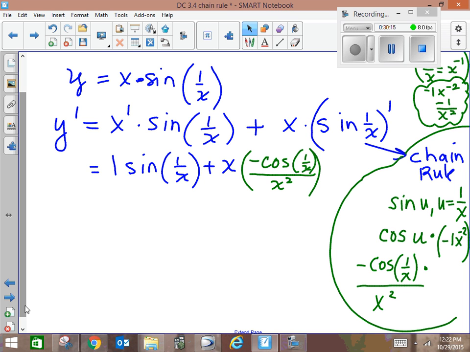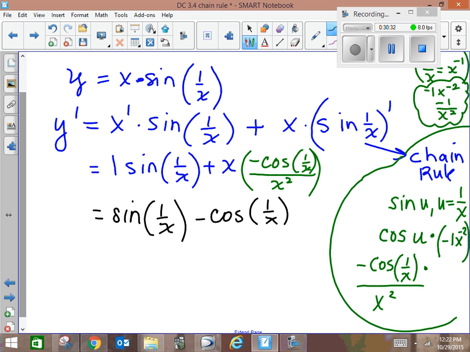Is this simplified? Yes. There's no way you can change that into a simple fraction.